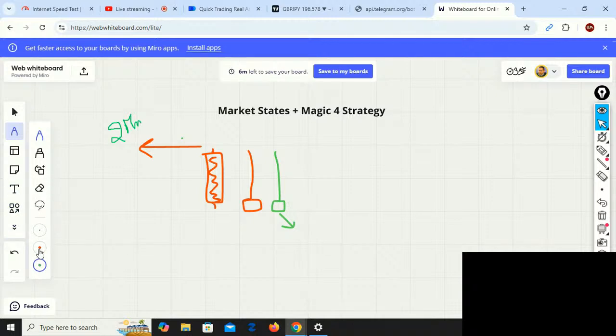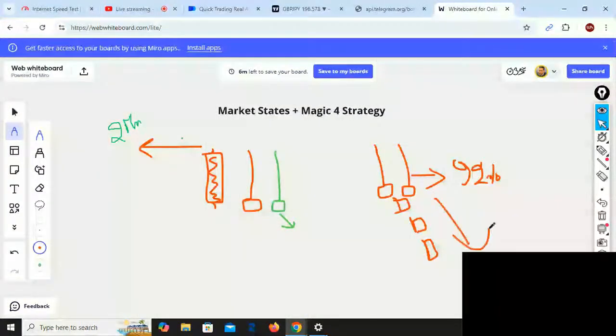So whenever you see a topping tail bar, you have around 75 to 80% follow through reds, more red to come. Now, if you see two back to back topping tail bars, you have a 92% follow through rate to the downside, depending on the location and where you see it happening. We will discuss that. Okay.